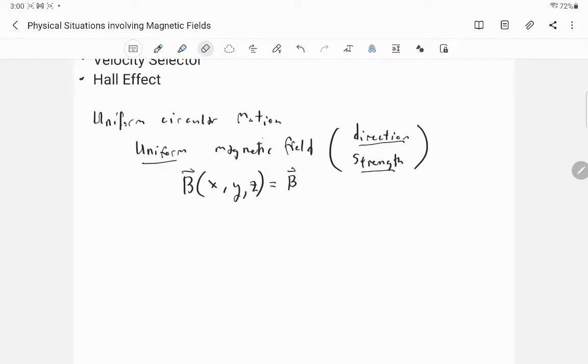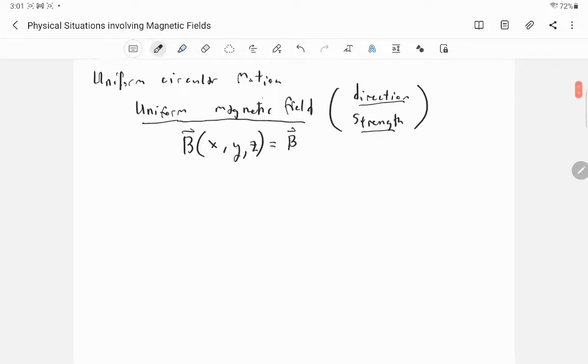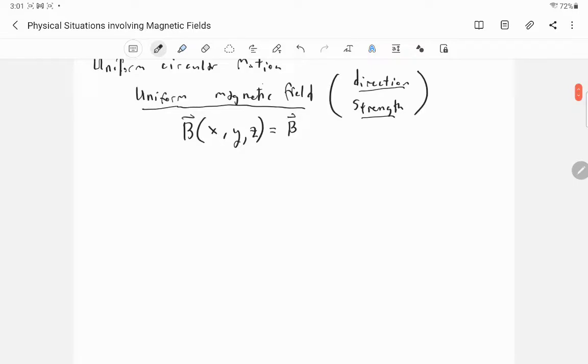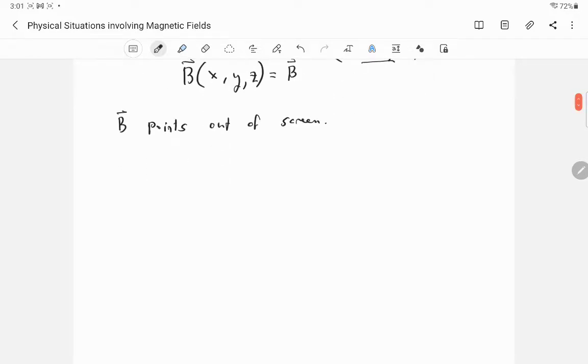So we have a uniform magnetic field. So for example, let's consider the case where B points out of screen. The way people depict this is they draw these little arrow tips.